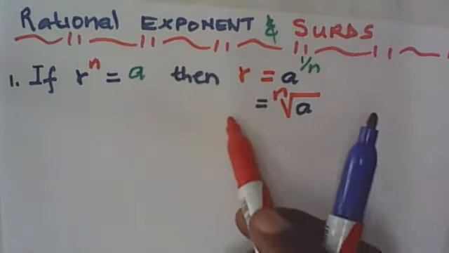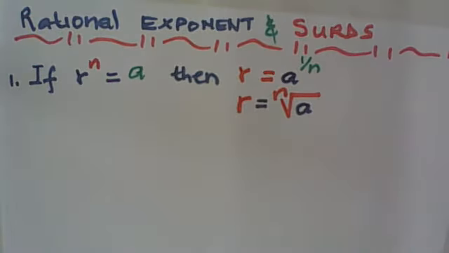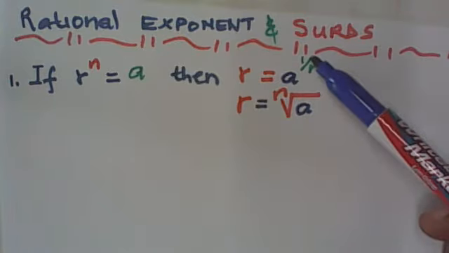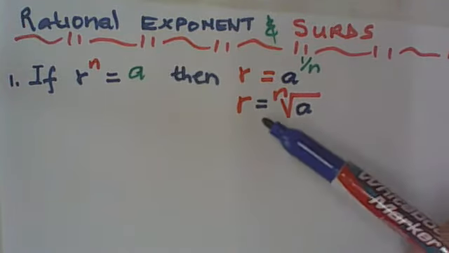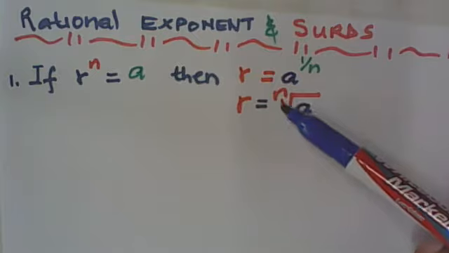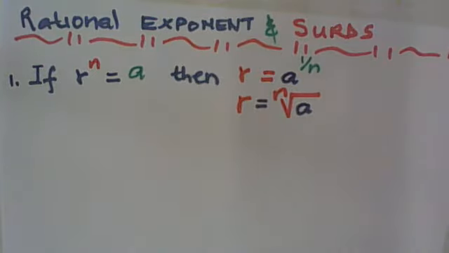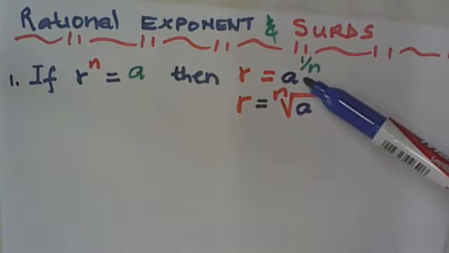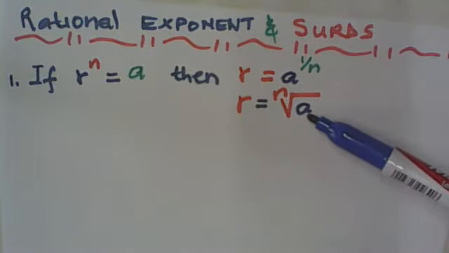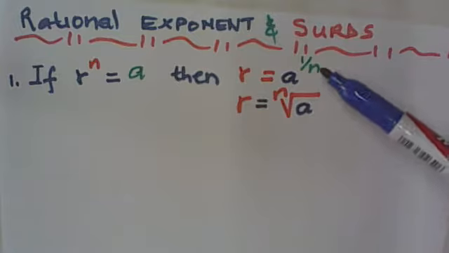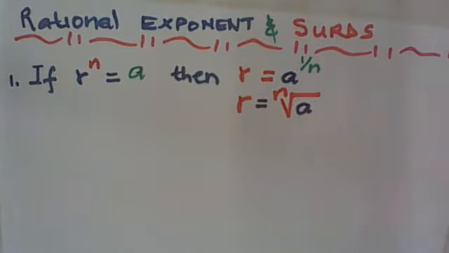Now we know that a to the power 1 over n is the same as the nth root of a. Now, what is the difference between this and that? The difference is in their format, that is their notation.